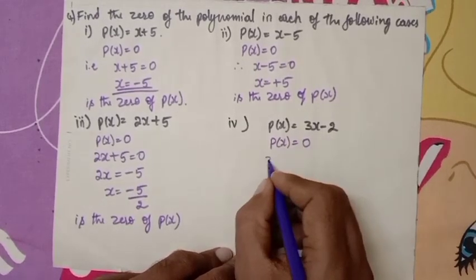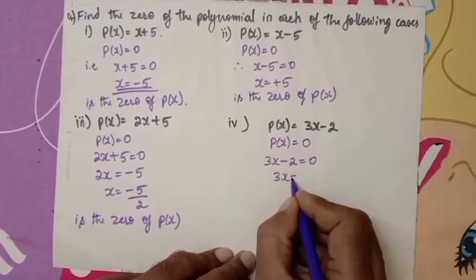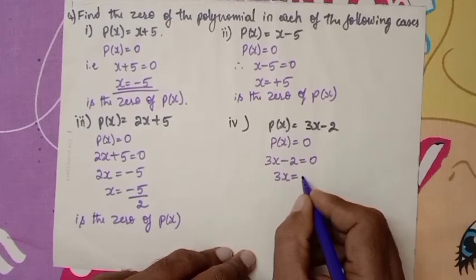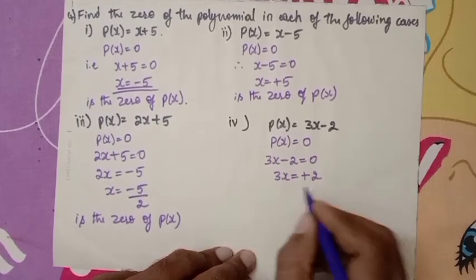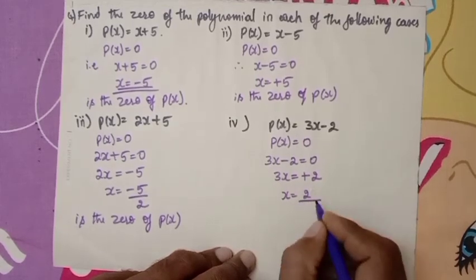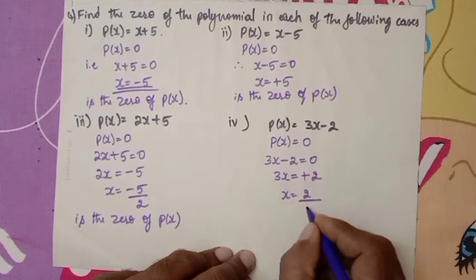So 3x minus 2 is equal to 0. 3x is equal to, when this minus 2 shifts to the RHS, its sign changes, that is plus 2. When cross multiplied, x will be equal to 2 by 3.